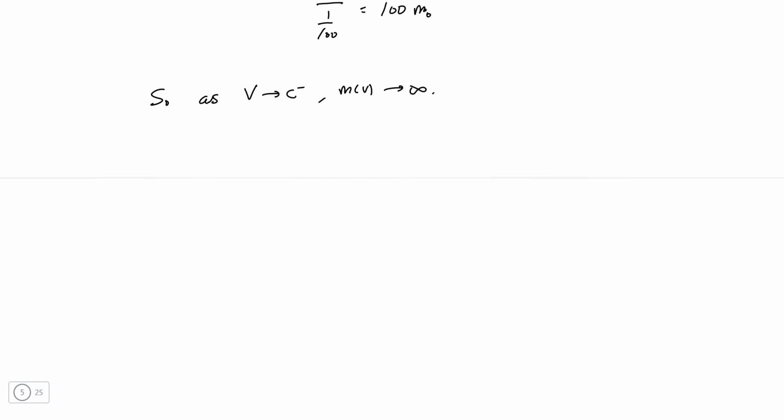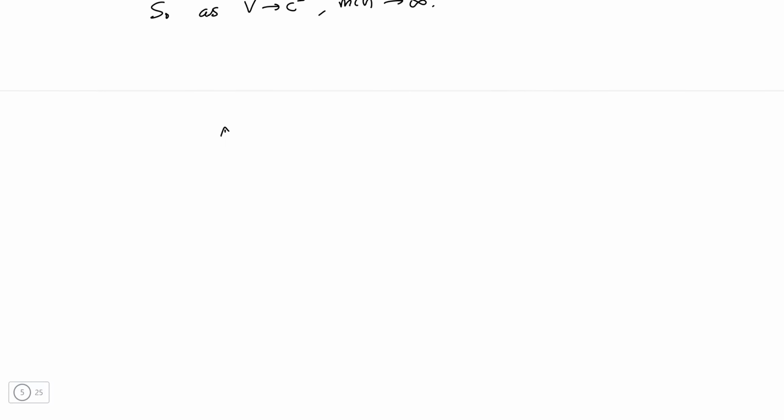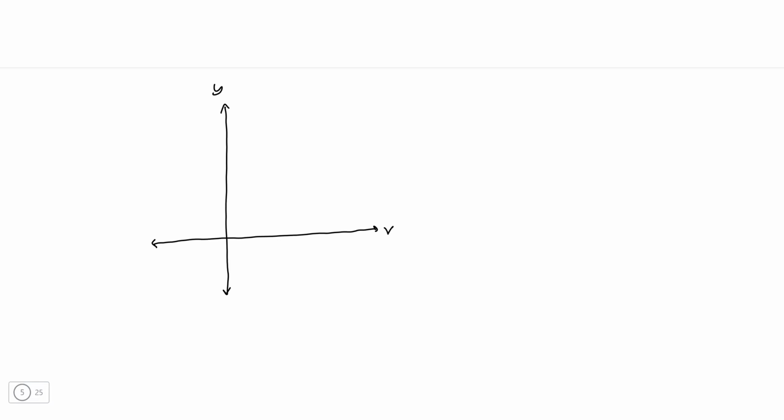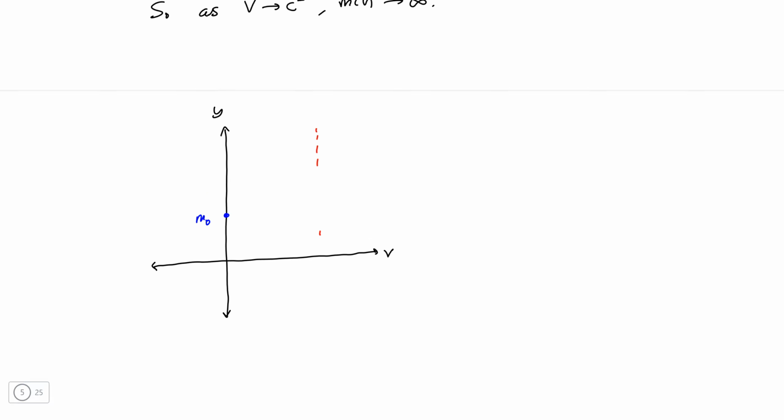So if we wanted to graph what was going on here, it would look something like this. We know when v is equal to 0, we're up here at m0, and then we know we can never actually reach the value when v is equal to c, so we'll draw a dotted line there, and that's at c.